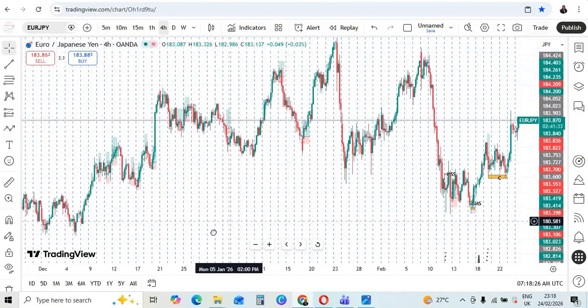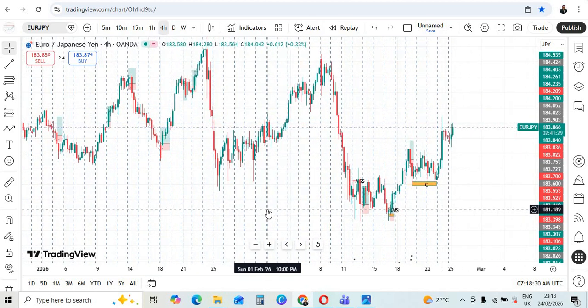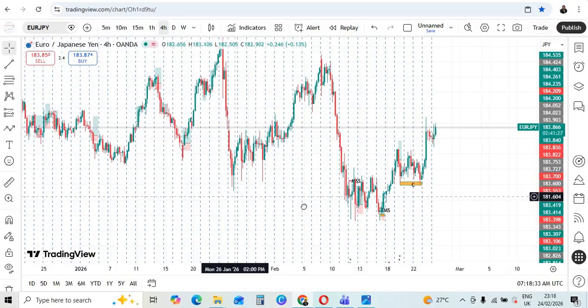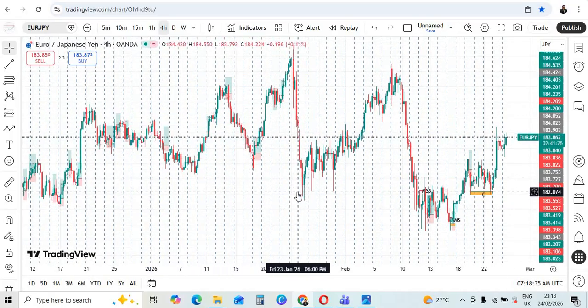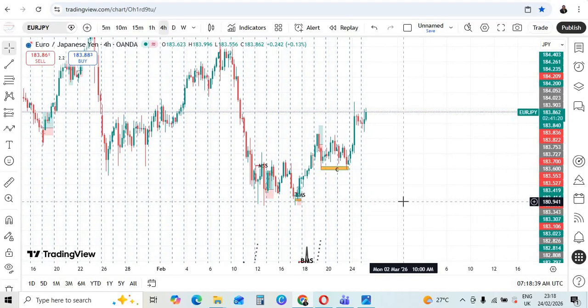But if we now come closer to where we want to look at, now price has been ranging along this side. Now this is on a 4 hour time frame.